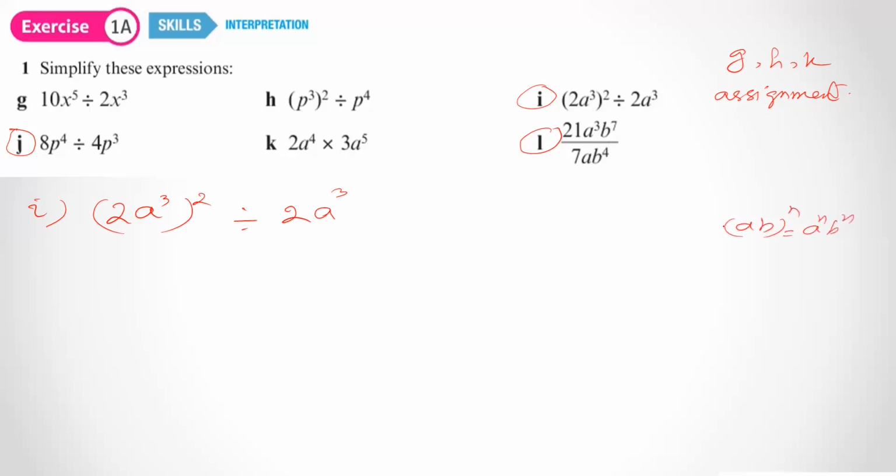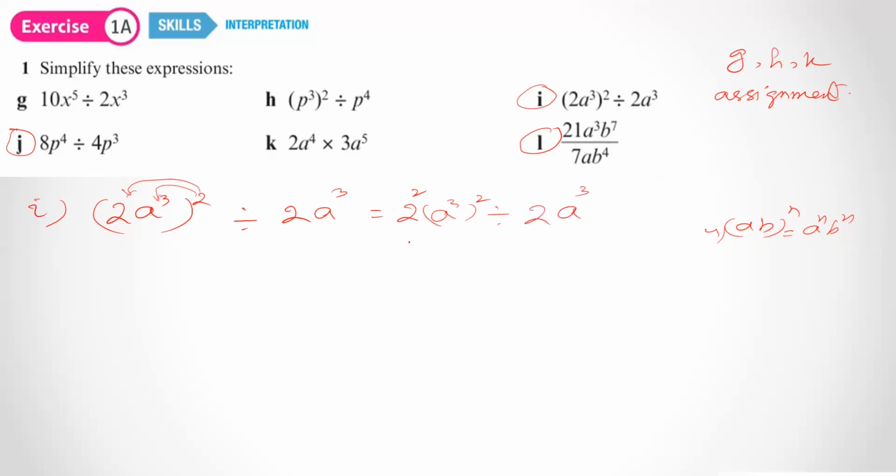Okay, this is the fourth law. So here we apply it and then we shall get 2 to the power of 2 and a power 3 to the power of 2, like this. We shall write it, and then we shall write divided by 2 times a power 3.